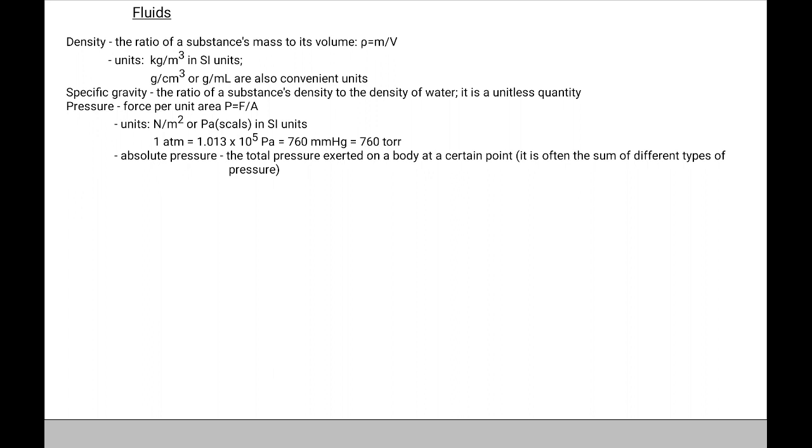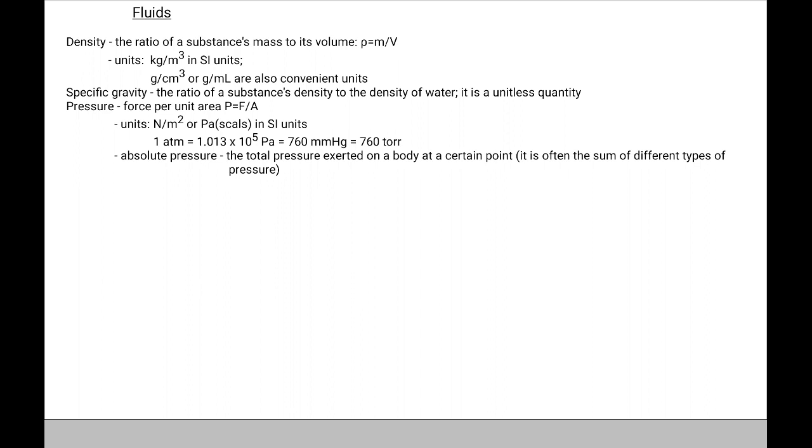So absolute pressure is the total pressure that is exerted on a body at a certain point, and absolute pressure is almost always a sum of different types of pressure. Those different types of pressure can be the atmospheric pressure plus pressure from other objects that exert a force on the body.